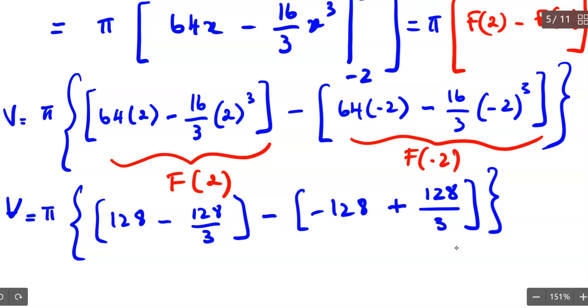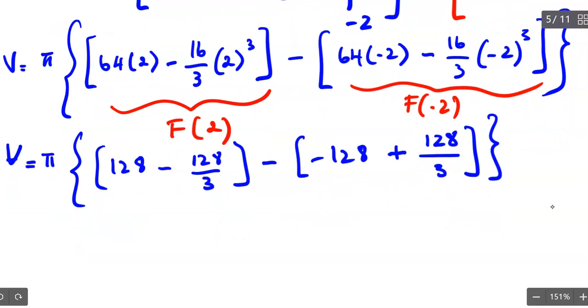I have to remind myself that. So let's take a look at this. Okay, so -2 to the exponent 3 is -8. So you raise a negative to an odd exponent, so you still have a negative result. So -8 times 16 as a negative will give me a positive 128. So let's open this bracket and see what we get.